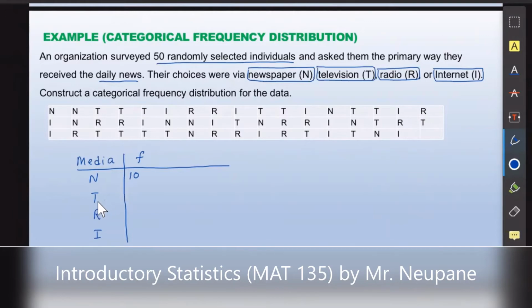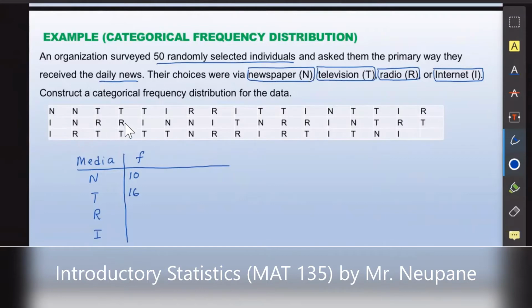Now let's see how many use television. So let's count T here. Here we have 2, 3, 4, 5, 6, 7, 8, 9, 10, 11, 12, 13, 14, 15, 16. 16 of them watch television for the news. Let's see how many of them listen to radio for news. So the same process, you are going to count.